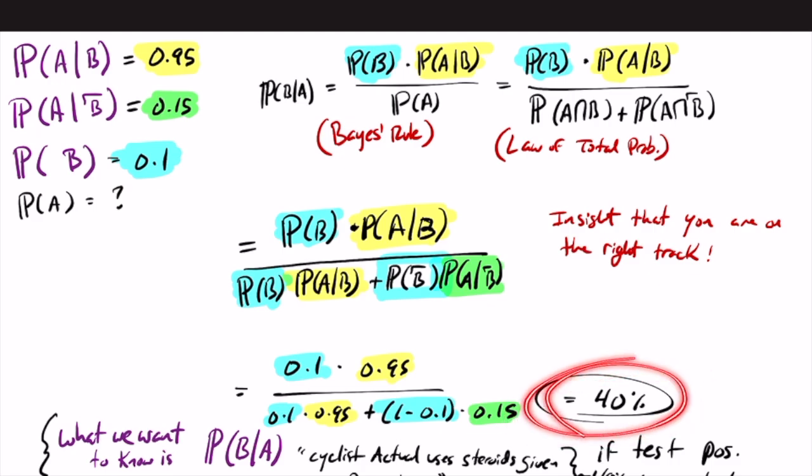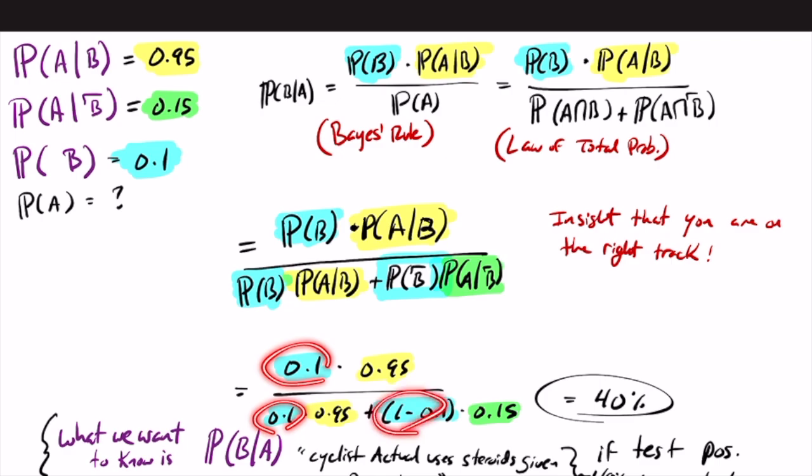This number is extremely sensitive to this because ultimately this number is being used a lot and is a multiplier, and it's really what's going to jack up this rate through this multiplication here. So if more people use steroids and this test catches them 95% of the time, and you test positive, it's much more likely that you actually use steroids. But because this rate's so low, it's less likely that you use it.